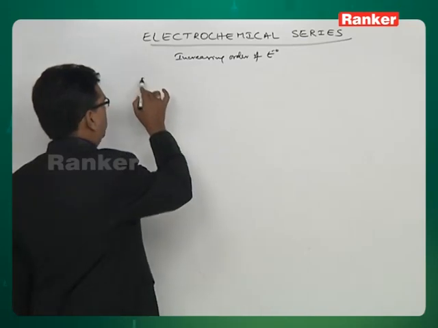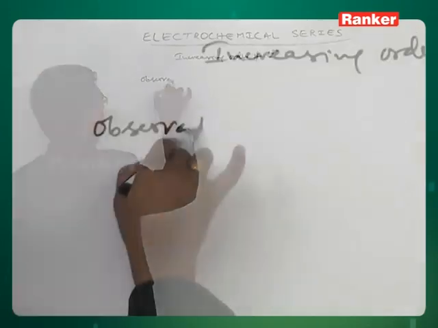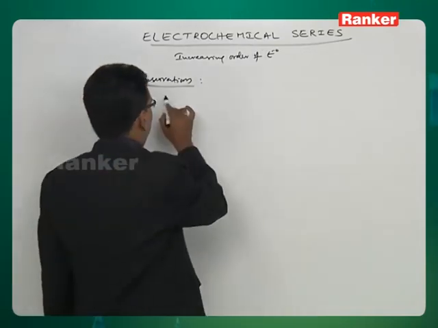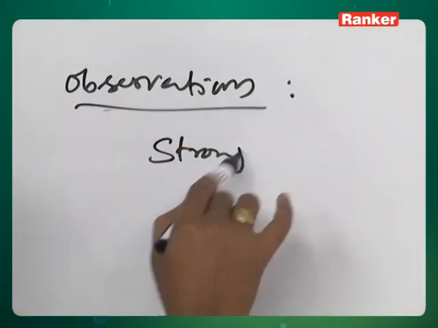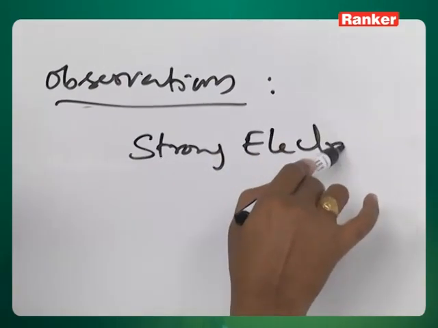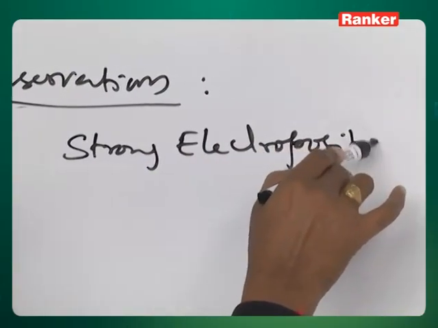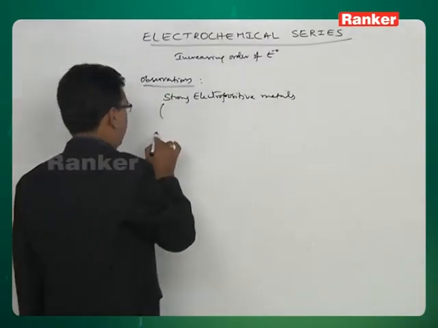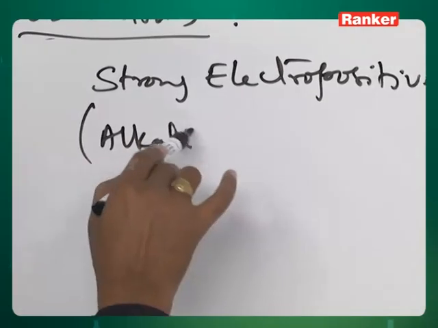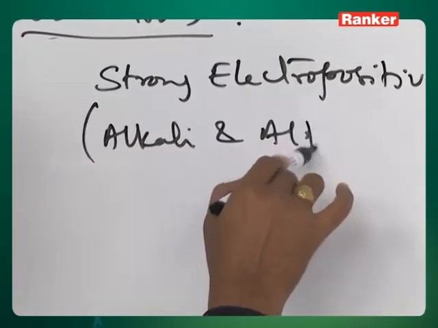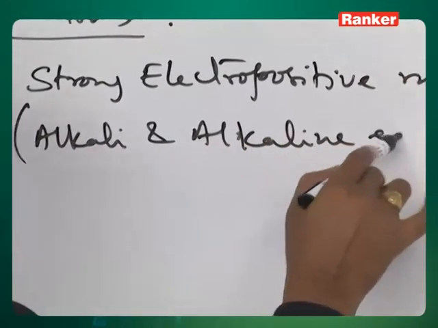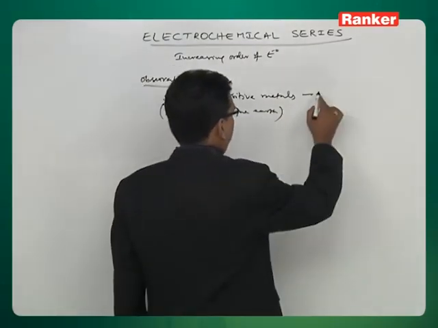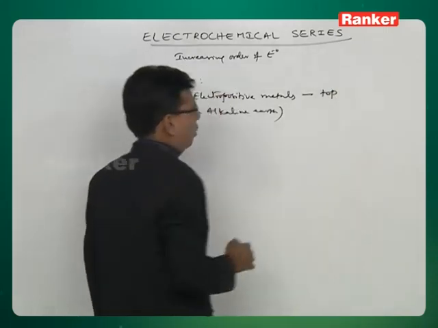What are the observations? Strong electropositive metals like alkali and alkaline earth metals are at the top of the table.